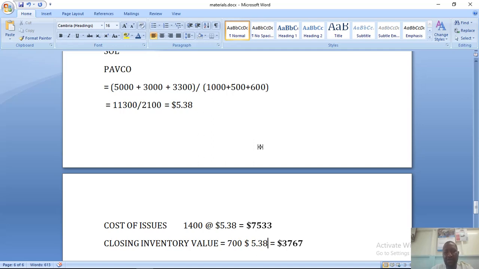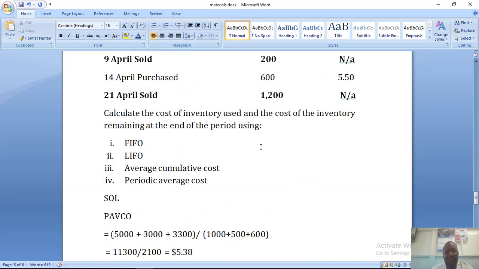Probably this is the simplest of the four methods. So we have inventory issued at different costs according to the inventory valuation methods, which are FIFO, LIFO, average cumulative cost, and the periodic average cost. Under FIFO, we assume that the inventory that came in first should be the first to be issued.